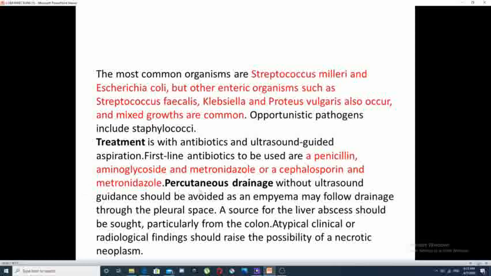An important note that percutaneous drainage of pyogenic liver abscess without ultrasound guidance should be avoided, as it may result in collection of pus within the pleural cavity, which is called empyema.